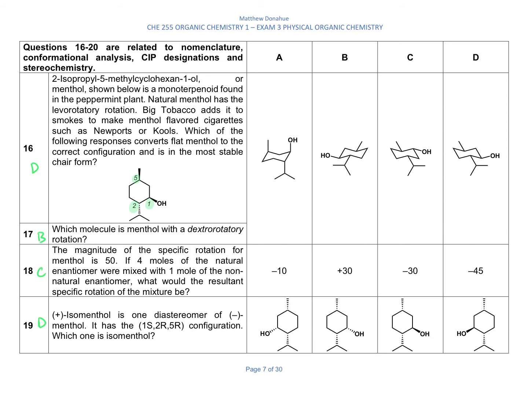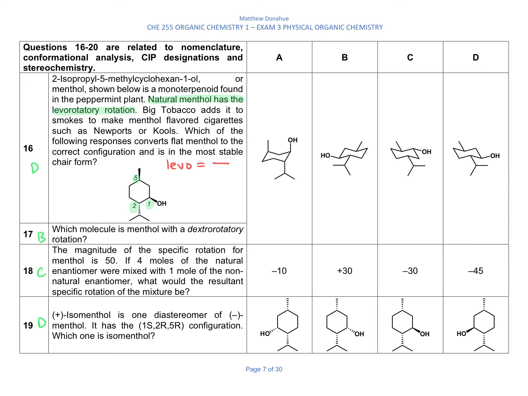So it's giving you the positions of the substituents on the cyclohexane ring. And it's giving you this clue here as well. Natural menthol has the levorotatory rotation. So levo is negative.